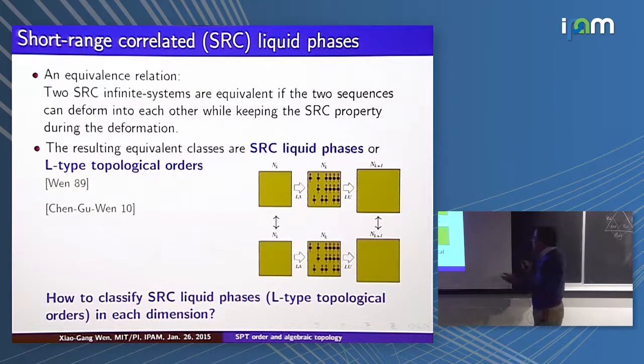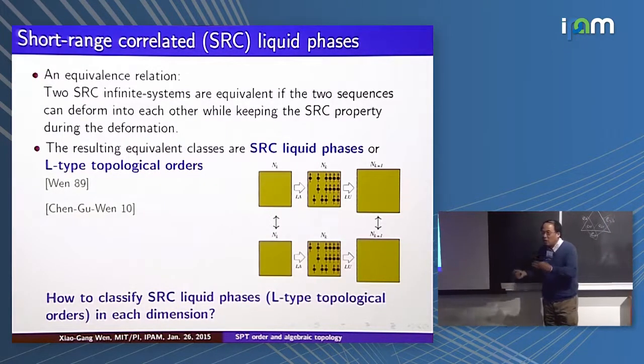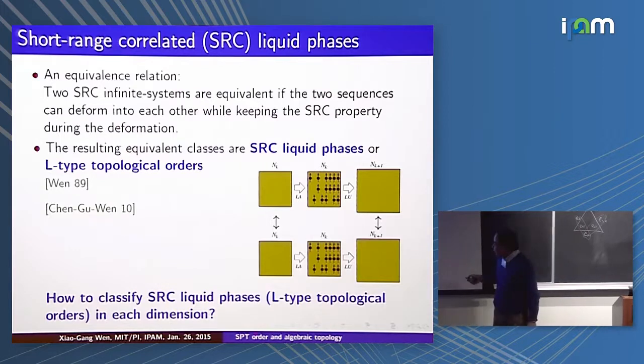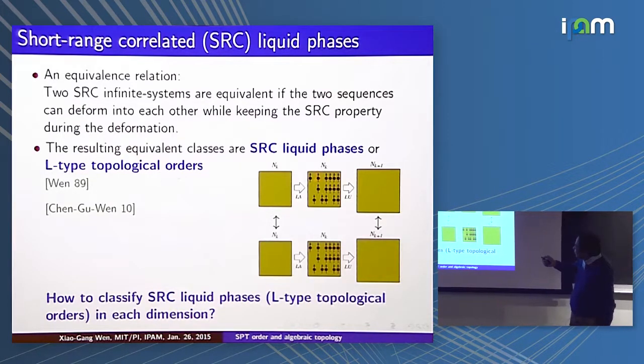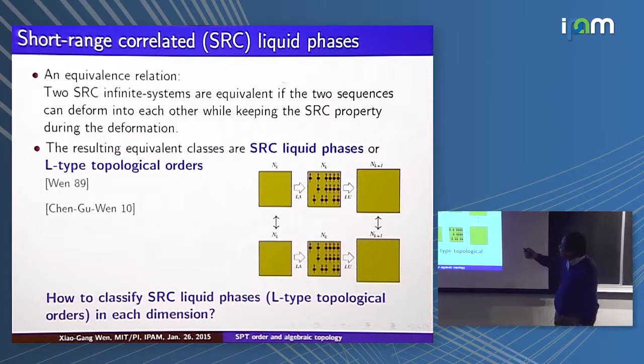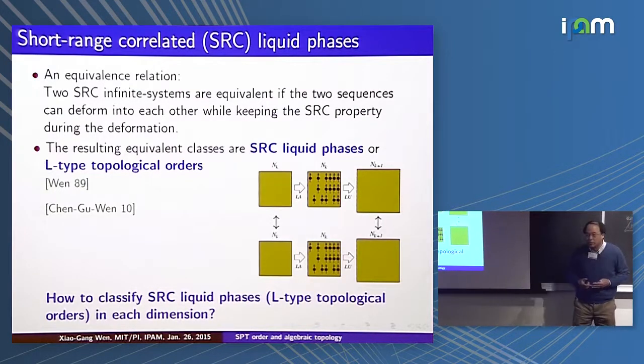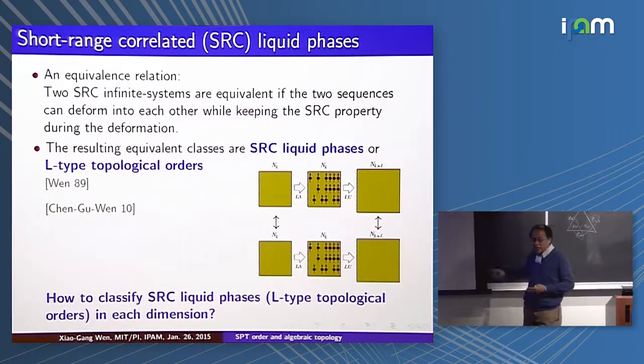That's basically how we define a short-range correlated phase. And this is the topic. So the question is, when using this equivalence relation to define the equivalence class of this short-range correlated phase, how to classify those? What is the mathematical foundation, the mathematical language for this kind of object?